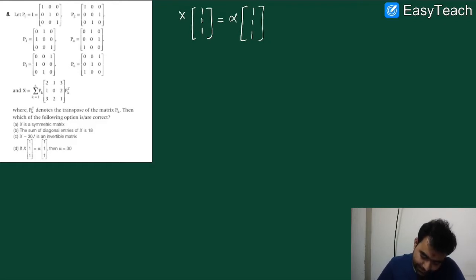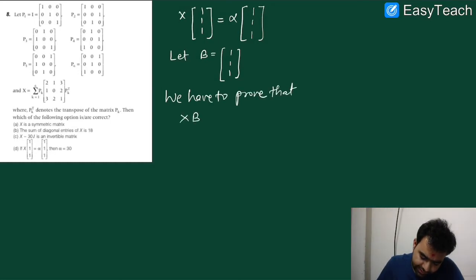Now here let matrix B be 1, 1 and 1. So basically, we have to prove that X into B is equal to alpha into B, and we have to prove that alpha is 30.